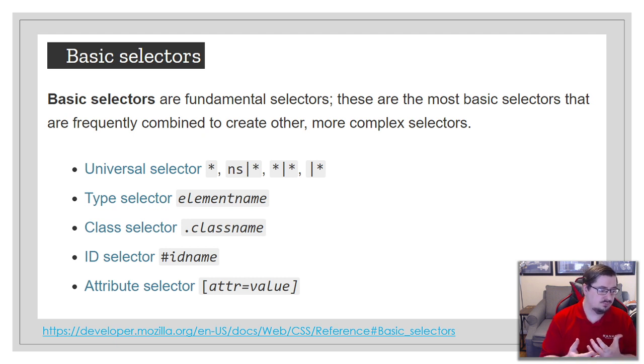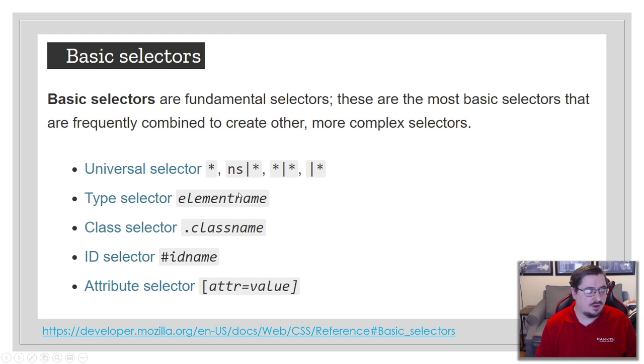So the first, maybe simplest kind of selector you can use is the universal selector. Okay, the universal selector is just a star. It says select everything, with some minor exceptions, namely it doesn't select the before and after pseudo elements, but otherwise it selects everything.